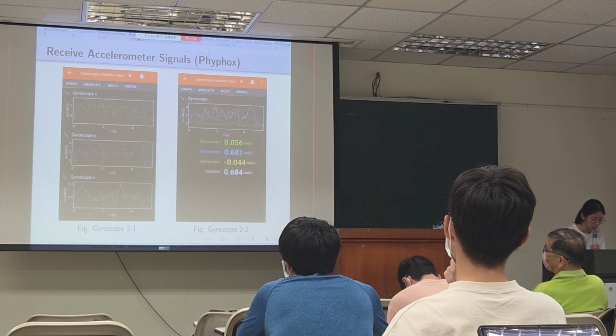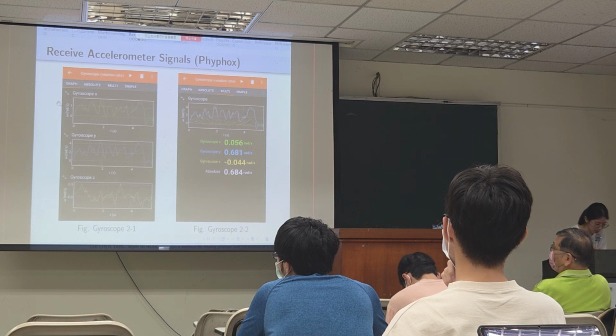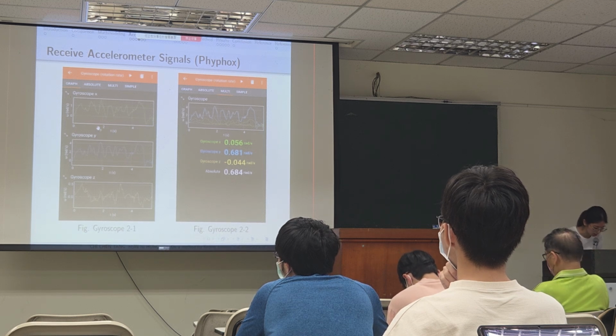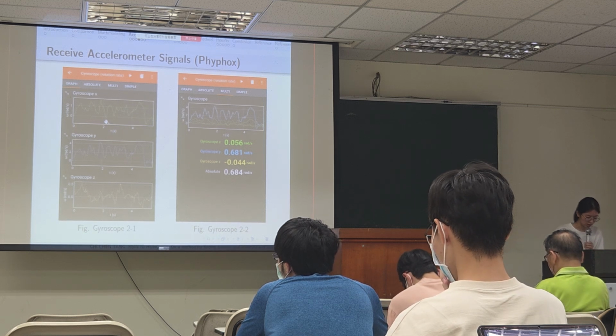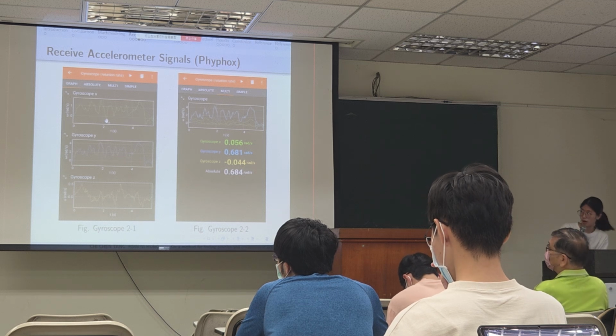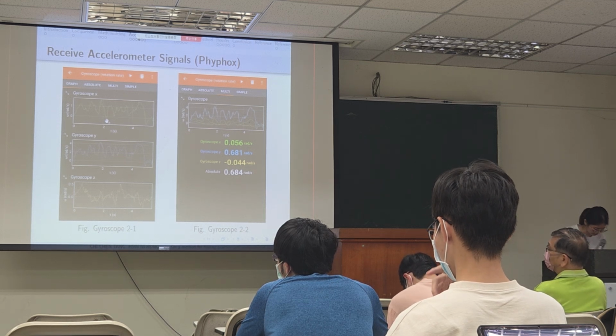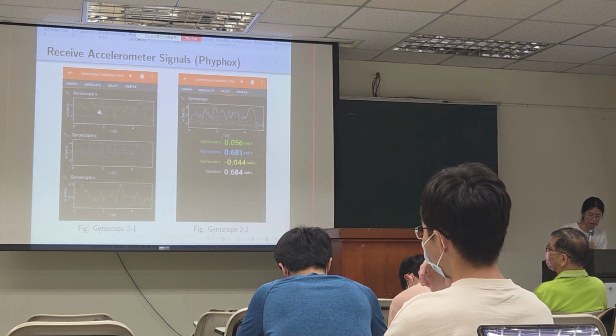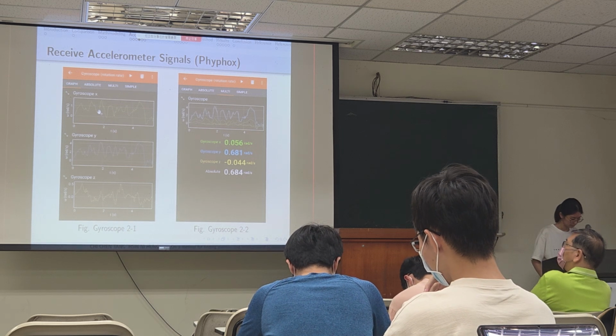Here, for example, we see distinct patterns across the sensors, which arise due to different spatial positions and orientations. These raw signals are the only input our algorithm uses to determine where each sensor is and how it's oriented.